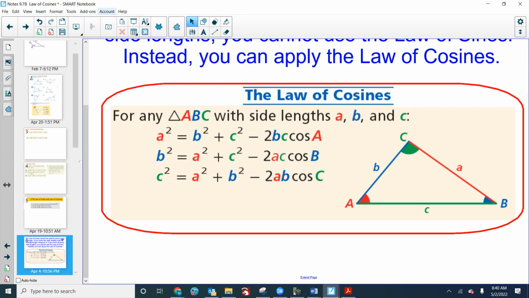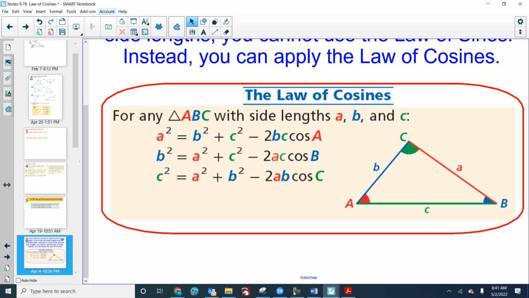Before you start writing this down, just pause for 1 second. Do you notice how these three are all the same, just with different letters swapped out? I think it will help you reinforce it when you write it down if you know what to look for. If little a is the side here, big A, angle A, is over there.